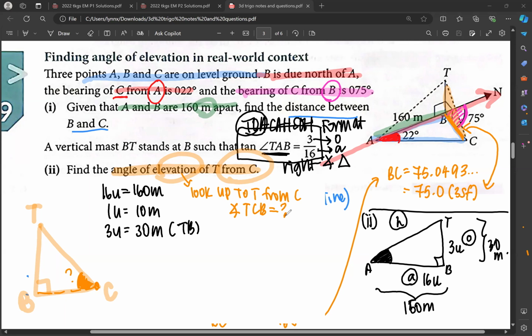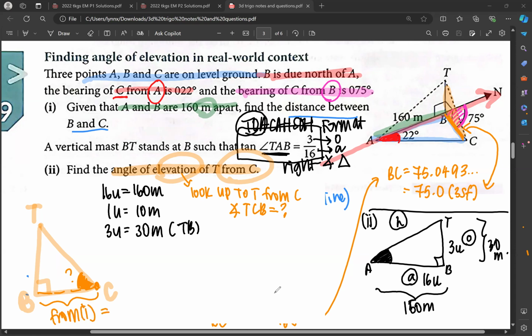So guys, if you look here, what clues do I have in this right angle triangle of TBC? Any length or any angle? BC, yes. BC from where? From part 1, right?